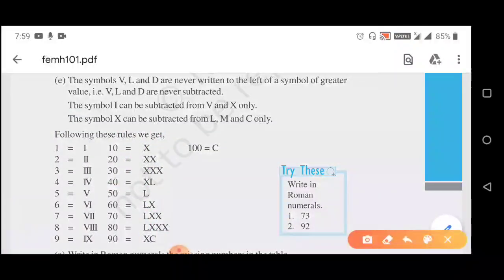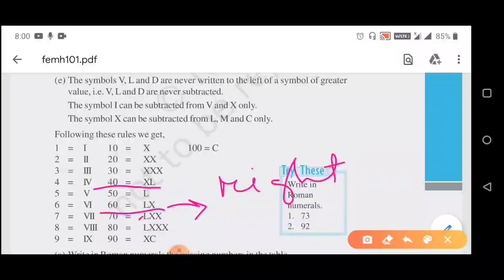Now see, for 60 it is given LX and for 40 it is given XL. Whenever it is given LX, that means X is the symbol for the smaller value and it is written on the right side of the symbol of the greater value, which is L. So whenever we write the symbol of the smaller value on the right side of the symbol of the greater value, the values are added.